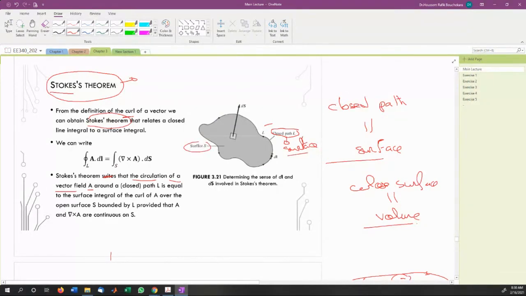So the circulation of a vector A through a closed path is equal to the surface integral of the curl or the rotational of A. Okay, circulation of A through a closed path is equal to the surface integral of the curl or rotational of A. This is called the Stokes theorem.